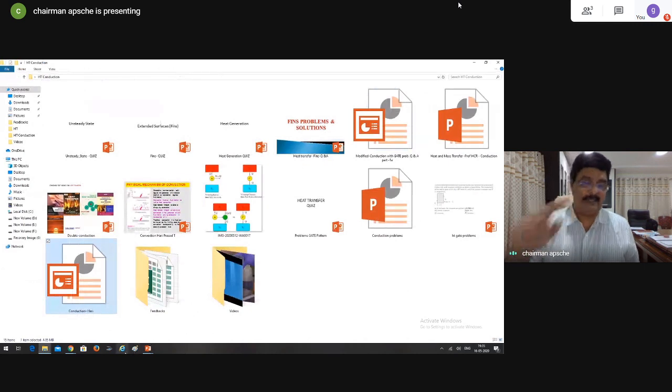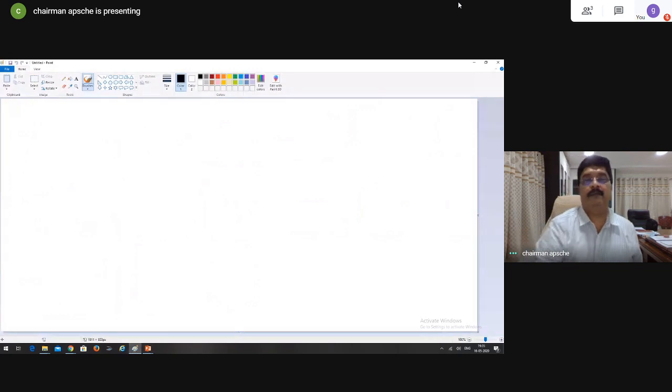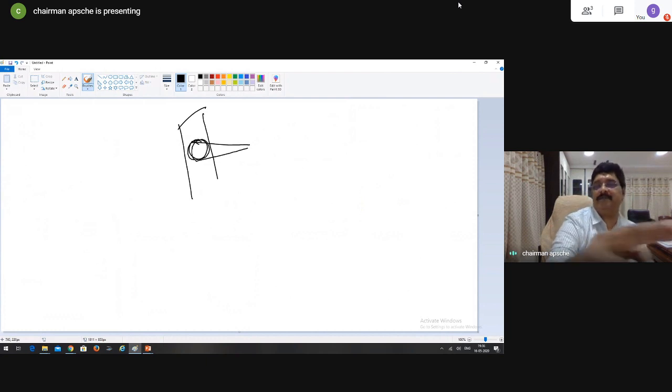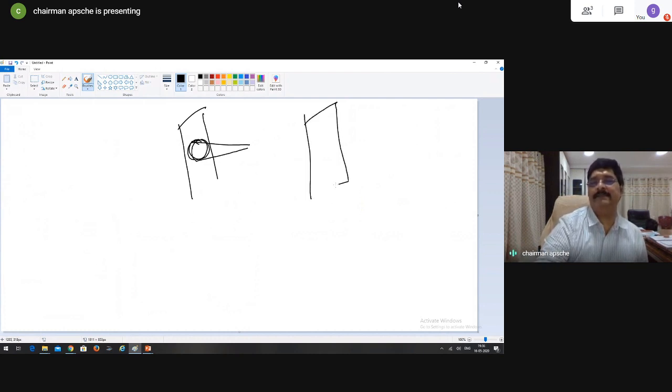Lateral surface and the circumference. He is talking about the circumference of the fin. So, there's one fin. At the base of the fin, lateral surface is higher. This is one thing. The second thing he says is the fin has minimum area at the base and maximum area at the tip.